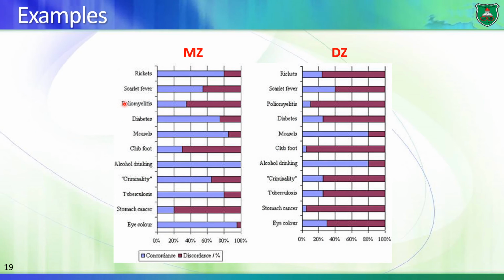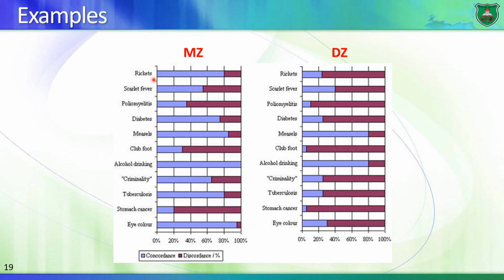So let's look at this. This is a really nice illustration. Look at certain conditions here. Rickets, and that's the concordance rate. That is, if one is affected, what is the chance of another one being affected for both monozygotic twins and dizygotic twins?